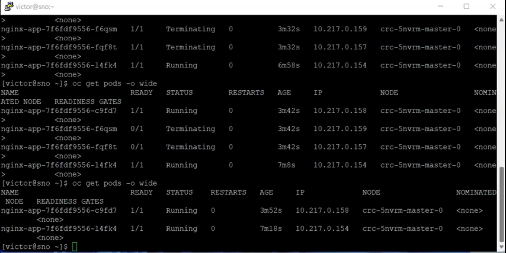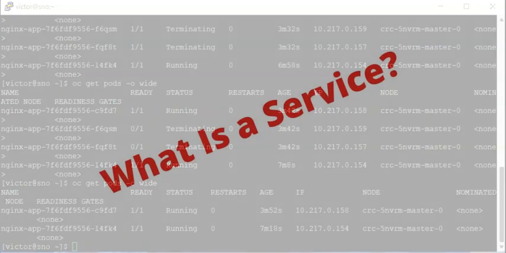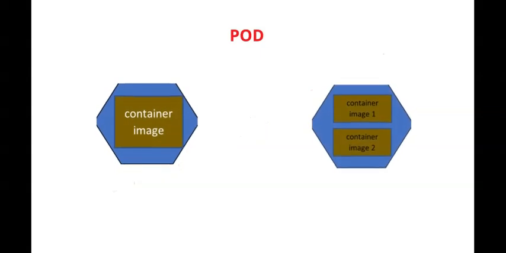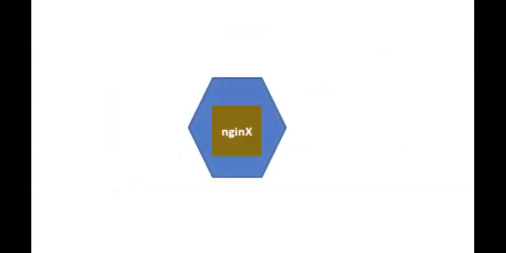Having understood how to use oc to increase and decrease the quantity of a pod, now let's understand what service is. In our previous lesson, we learned how to use oc to create a pod, and we also deployed a basic Nginx application.